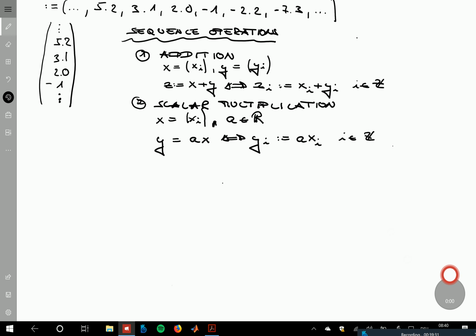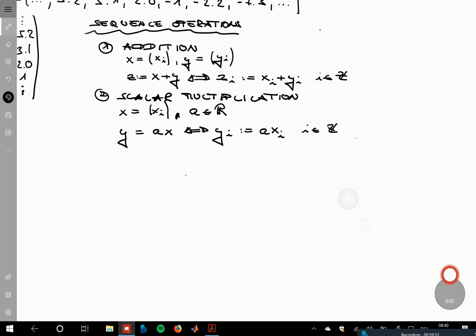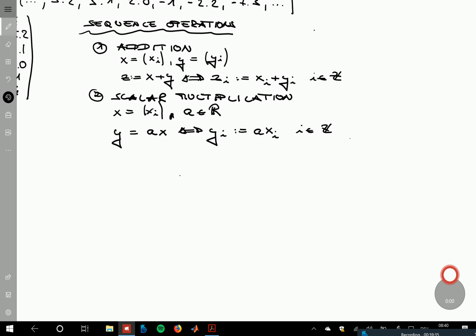So these are sequence operations, and then we need another thing to get started on systems, namely the notion of the unit sample sequence.